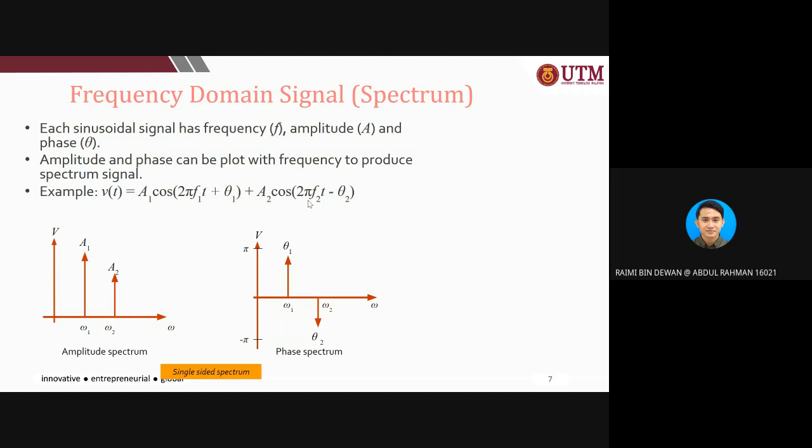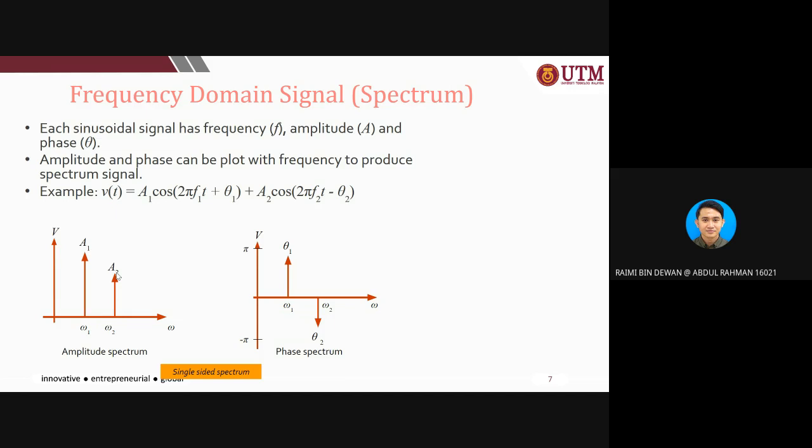Okay. So here we consider when we want to do our frequency domain signal, we will have two kinds of representation. Okay, we have the amplitude spectrum and we have the phase spectrum. Amplitude is for us to plot our amplitude, and the phase spectrum, yes, for the phase. So omega 1 is 2 pi f1, we put here, with amplitude of A1, and omega 2 here later will be amplitude of A2.